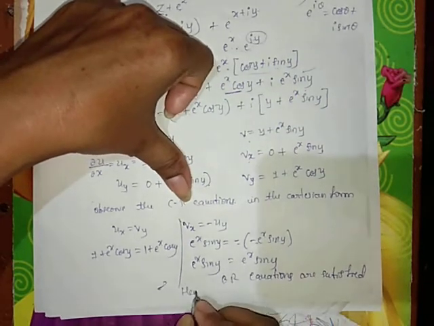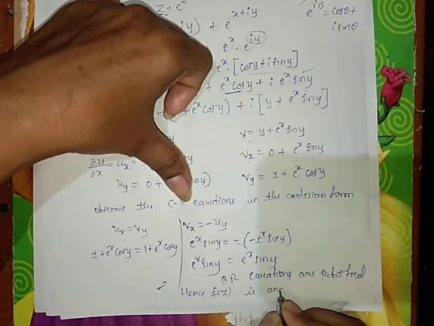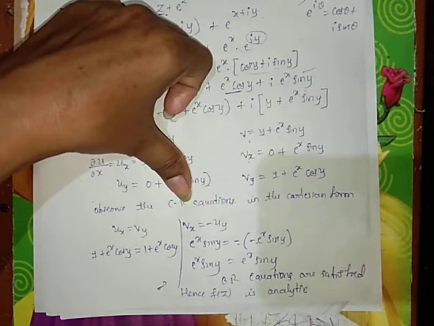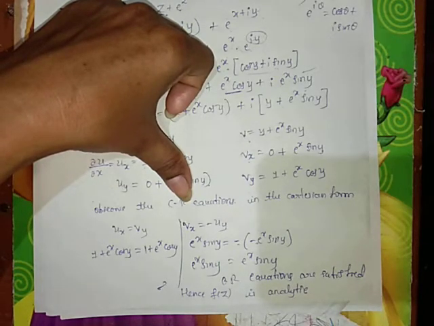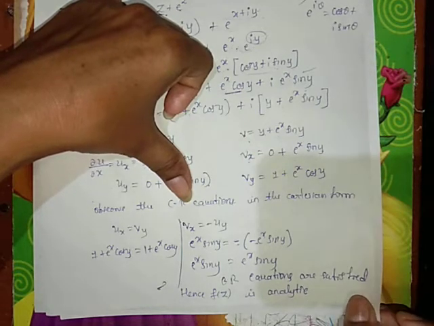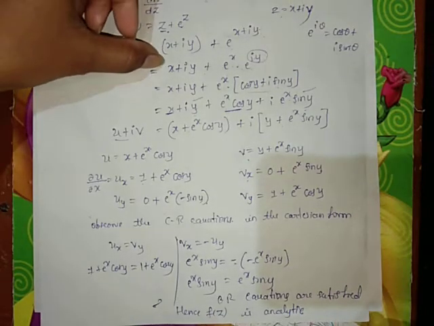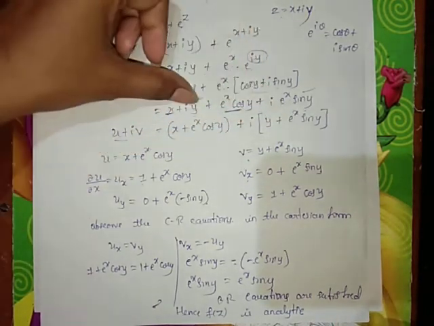Hence, f of z is analytic. Hence, our given f of z is analytic here. Now we have to find out the derivative of the f of z. So first we take the substitution, and after that we make the separations of real and imaginary terms.